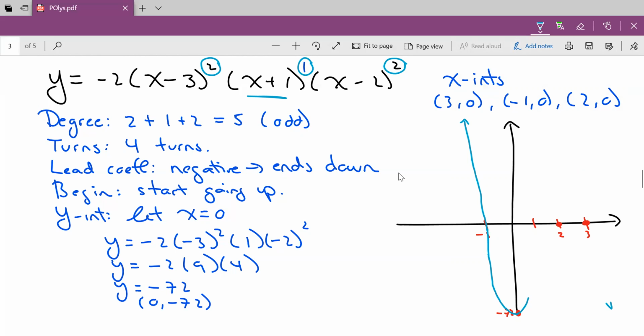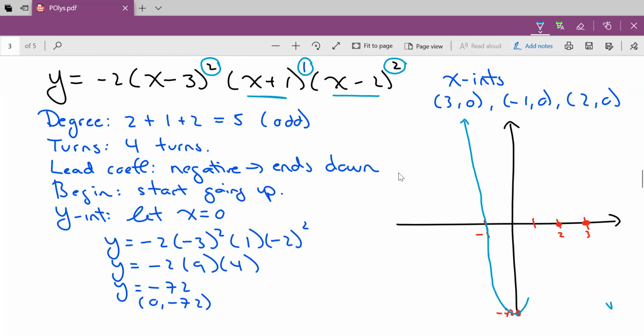Now we're coming up to the x-intercept of 2. So I'm going to look at my multiplicity where I would get that x-intercept of 2. The multiplicity is 2. Think of grade 11. When we had a degree of 2, we ended up getting a parabola.